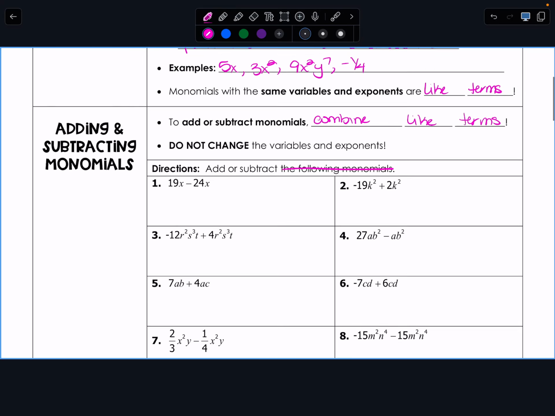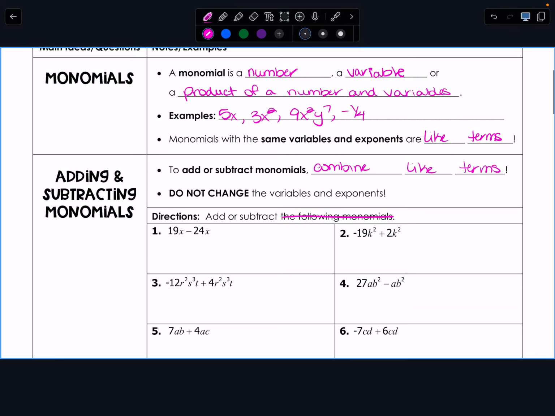Okay. So I have a k squared and I have a k squared. So that means I could take my negative 19 and add it to 2 and get a negative 17k squared. Thumbs up.